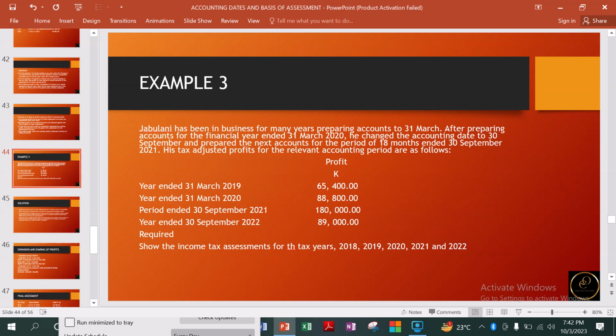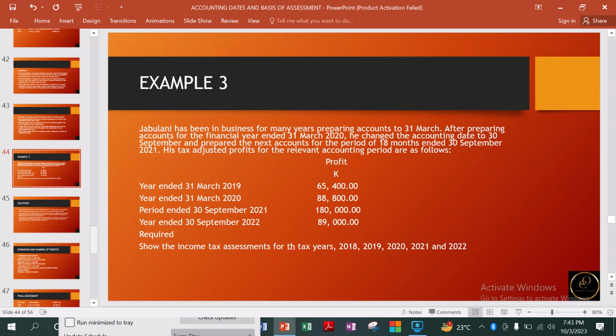Let's look at another example to complete. So we are looking at, in this case, Jabulan. Example number 3 has to do with Jabulan.